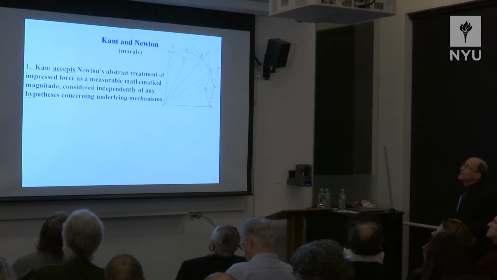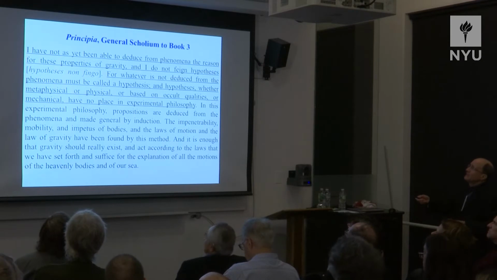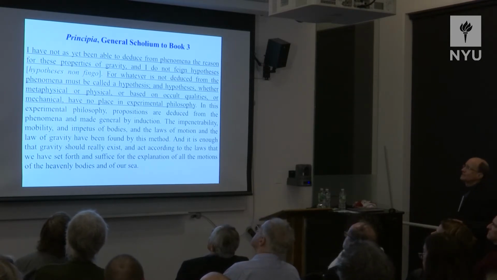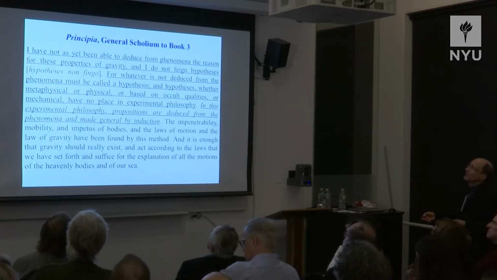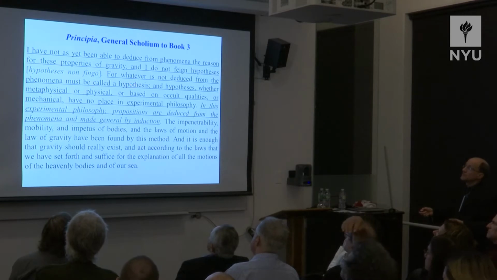And here's some things Newton says very famously. This is the hypothesis non fingo. I'm not going to read it out because time is going on. But he mentions propositions are deduced from the phenomena, made general by induction, so that's a crucial part of the abstraction from hypotheses.